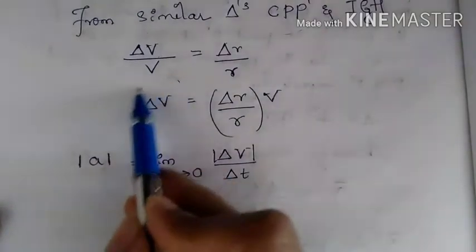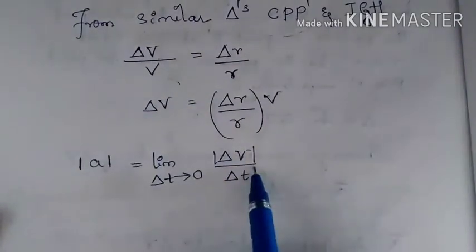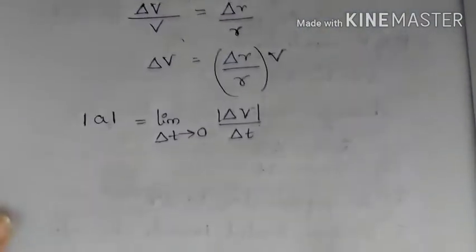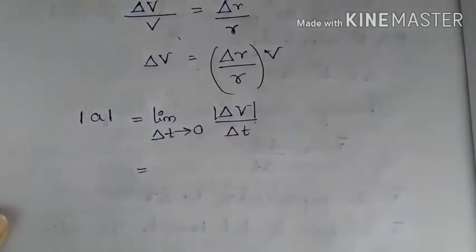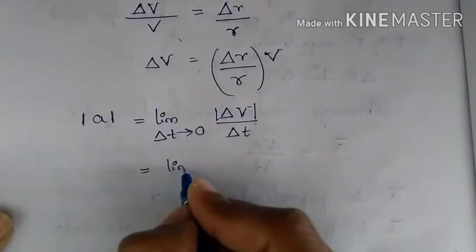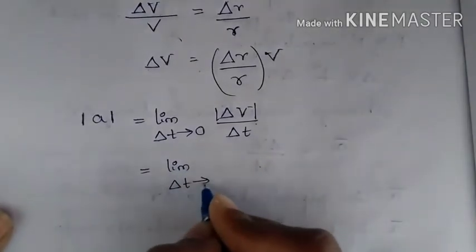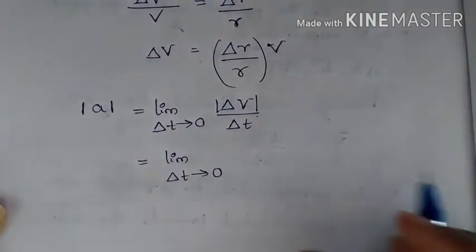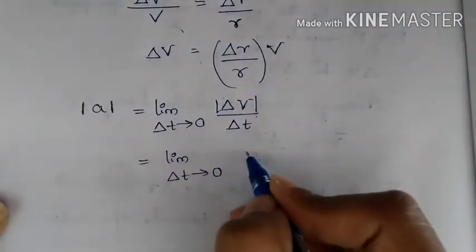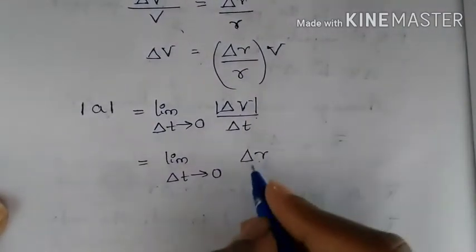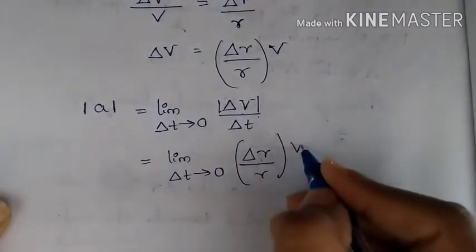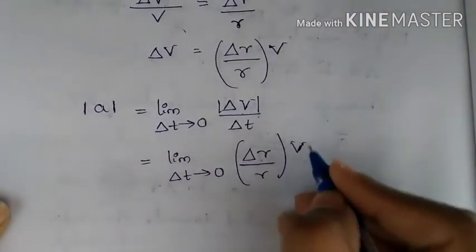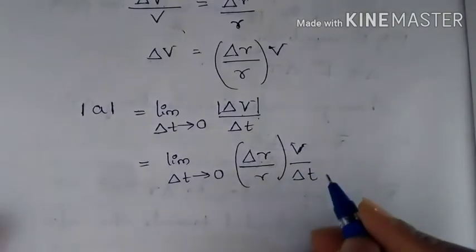So now you can substitute this delta V here and find the acceleration equation. So this can be written as limit delta t tends to 0, delta R divided by R multiplied by V, and this is divided by delta t.